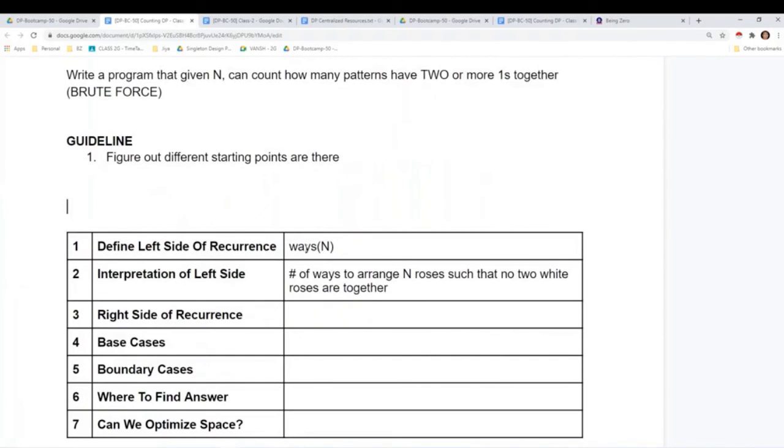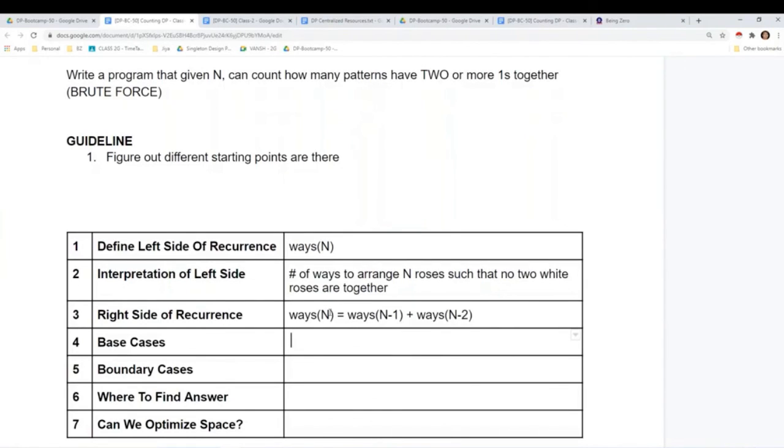Okay, so first I said this, then we went with this, then we have completed our recurrence: ways of n is equal to ways of n minus 1 plus ways of n minus 2. And then what will be the base case? What is the smallest valid value of n for which you can give the answer directly?